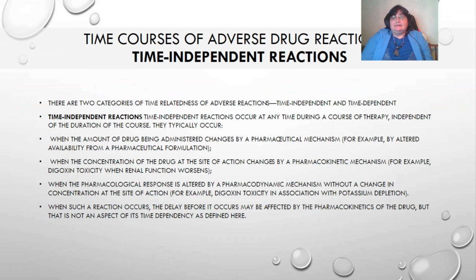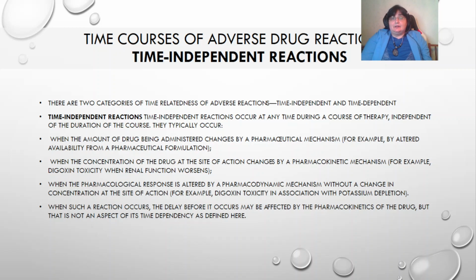The course of adverse drug reactions: time-independent reactions. There are two categories of time-relatedness of adverse reactions: time-independent and time-dependent. Time-independent reactions occur at one time during a course of therapy, independent of the duration of the course.